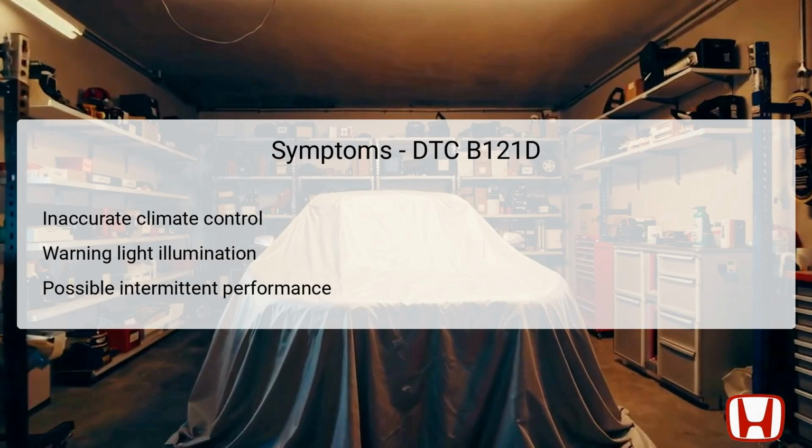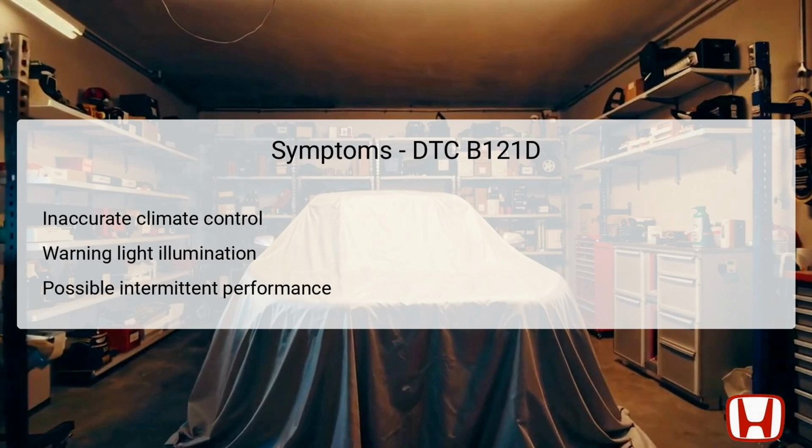When DTC B121D is present, drivers may experience several observable symptoms. First and foremost is the possibility of inaccurate operation of the climate control system, which may not respond adequately to the set temperature or humidity levels.